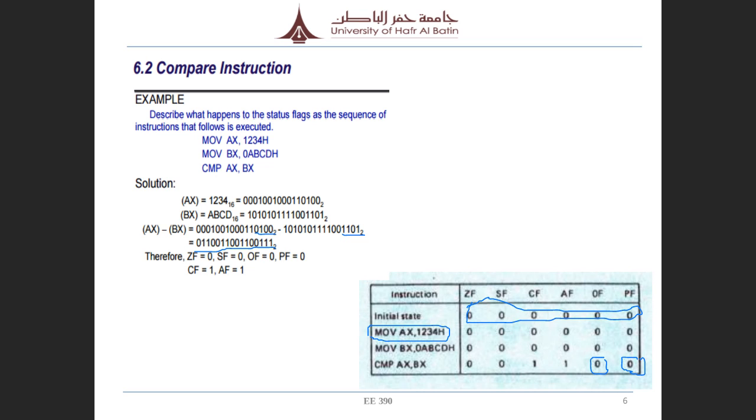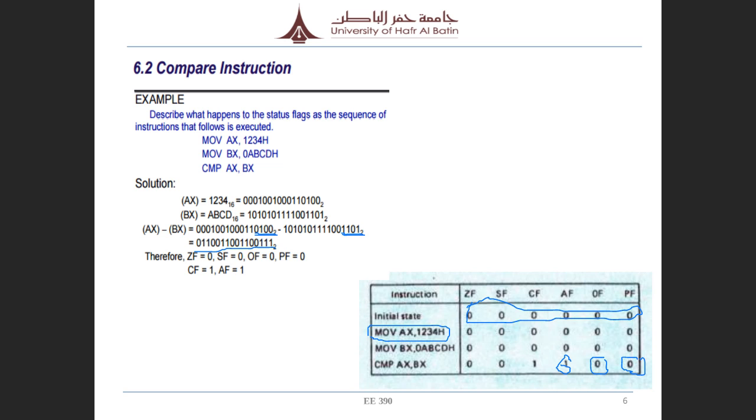So which one is bigger? 1 1 0 1 is bigger than 0 1 0 0. Definitely you need a borrow from the next higher nibble. So definitely the auxiliary flag will be set.